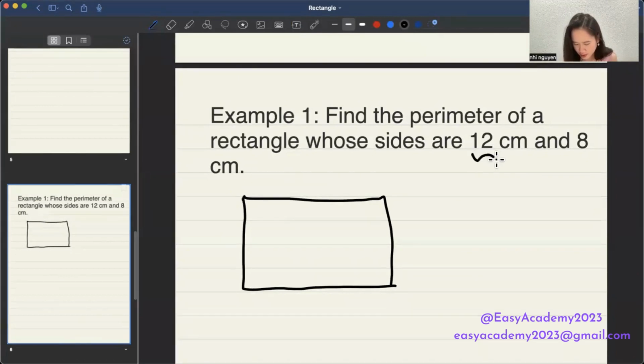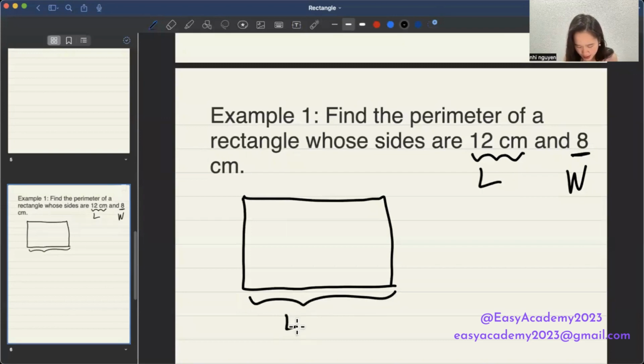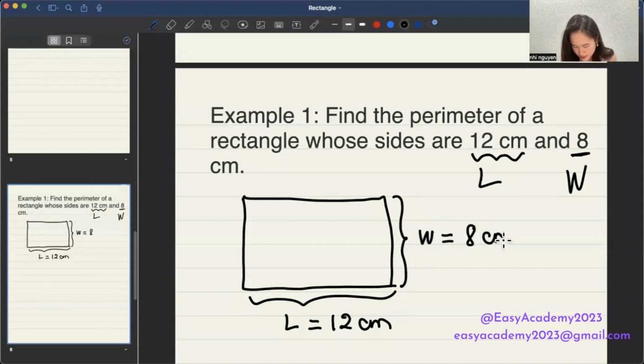The longer one is going to be the length and the shorter one is going to be the width. So length is going to be 12 centimeter and the width is going to be 8 centimeter.